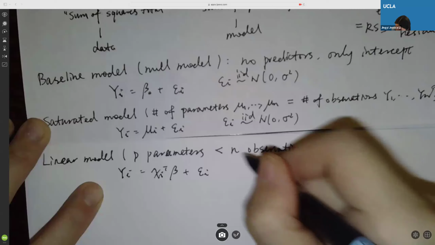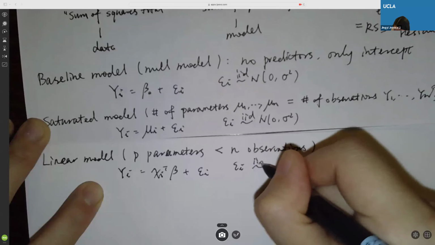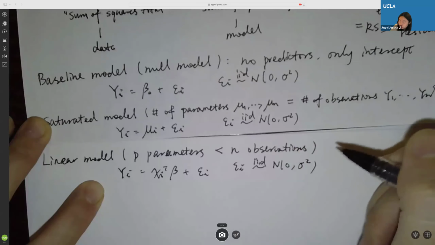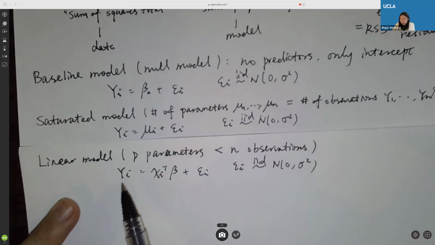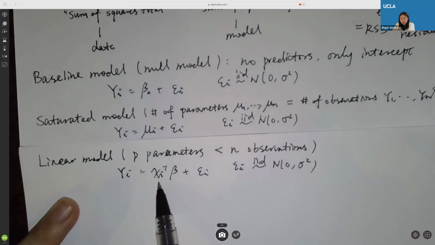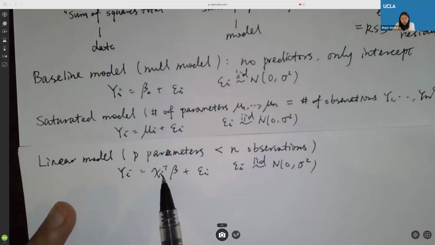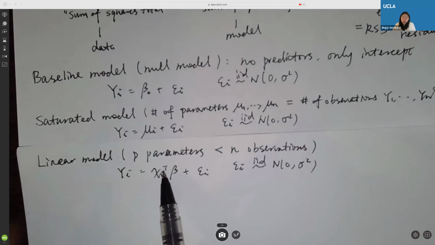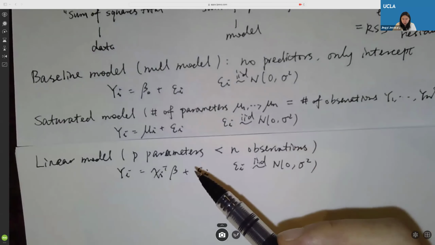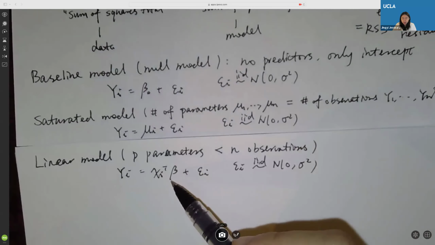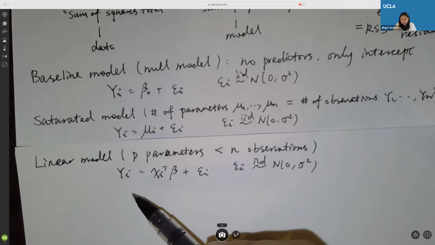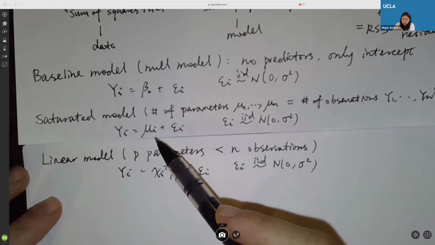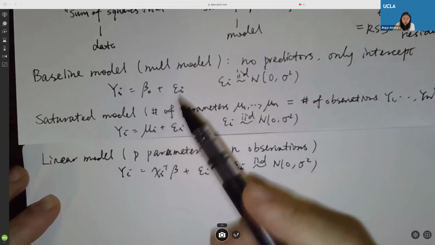This is what we just saw, and if we assume the same assumption on epsilon i, that gave us the model. So even though different yi's have different predictor values or covariates, with mean xi transpose beta, they share the same common beta. That sharing means that we tie them together. This model has common information that can help us explain all observations. But for the saturated model, we don't have that. There's no common beta. That is the biggest difference.